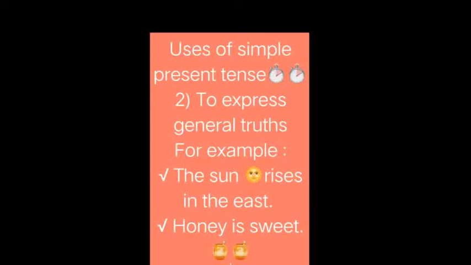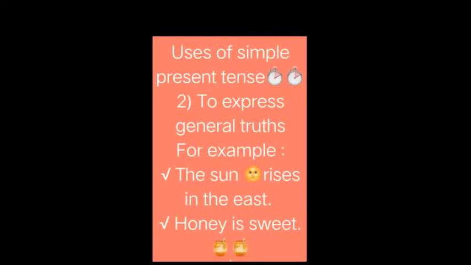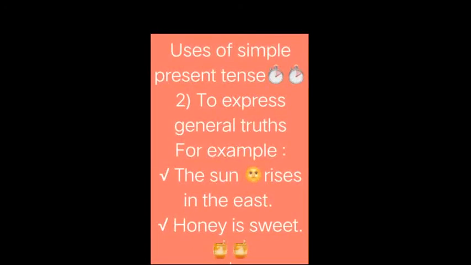For example, she is beautiful, they are beautiful. So is and are both are used for expressing simple present tense.